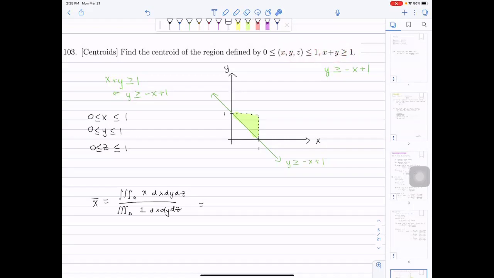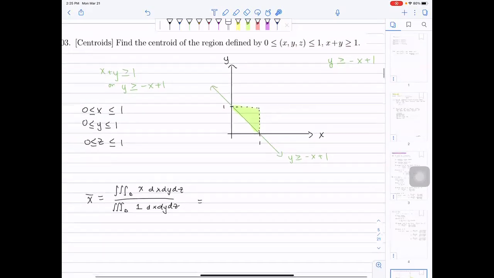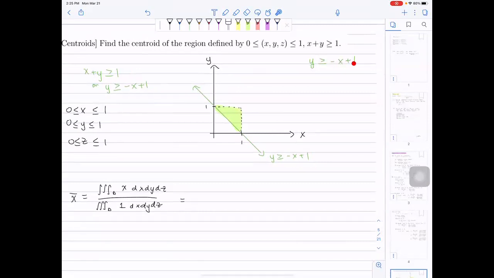Looking at the xy plane lets us figure out 2 of our 3 bounds. What is y equals negative x plus 1? It looks like this. If you graph greater than or equal to, you get this triangle. Notice that I didn't highlight the whole thing, because x and y are both limited by 0 to 1. So I did not highlight everything above the entire line. You still have to keep in mind your domain.